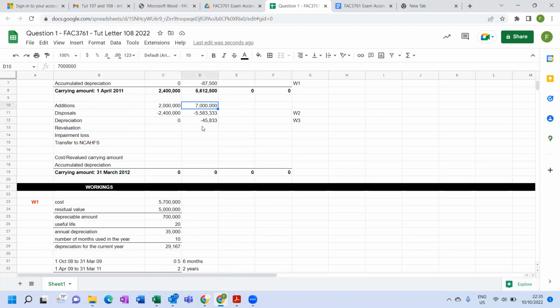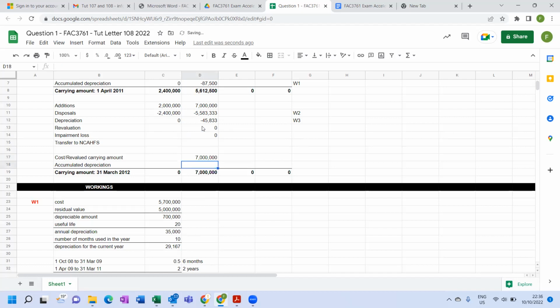Okay, no revaluation for buildings. There's no indication of any impairment. Because there's no indication of impairment, there'll be no impairment test. If there's no impairment test, there can't be an impairment. Okay, so there we go. So my cost price can only be the cost price of the one building of PE, which is 7 million.